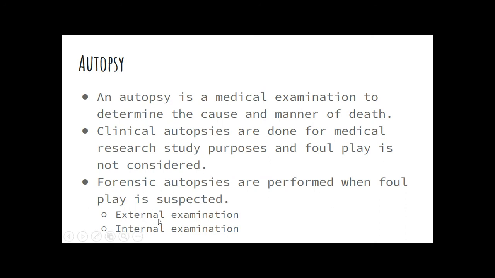All autopsies are going to have an external examination and an internal examination. And the external exam is going to be looking for different evidences that could be on the body, collecting different specimens. And the internal examination is going to look at what happened in the body that led to this person's death.